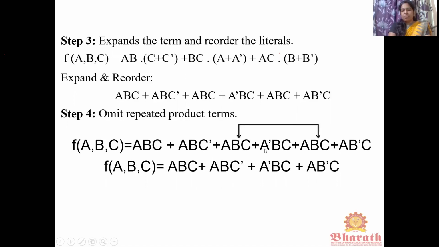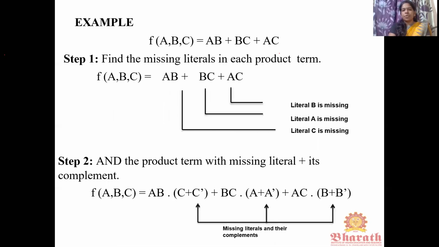Then plus A complement BC, then this can be removed, plus A B complement C. So fourth step is nothing but we have to omit the repeated product terms. We have to keep one term, then it can be repeated 2 or 3 times, means remove the remaining terms. This is the step 4.